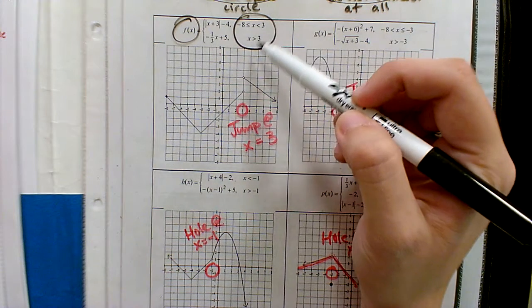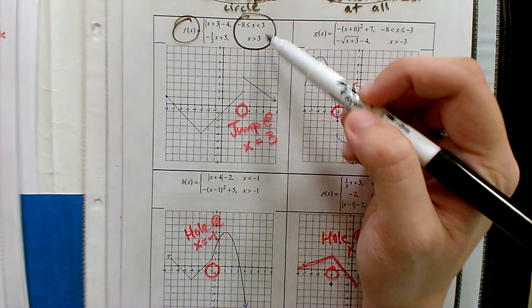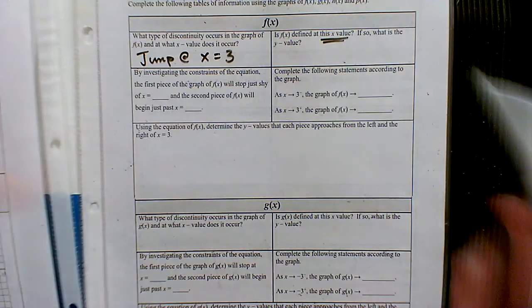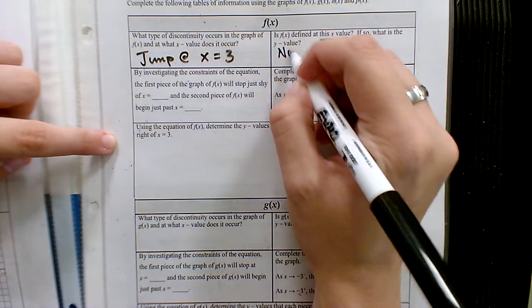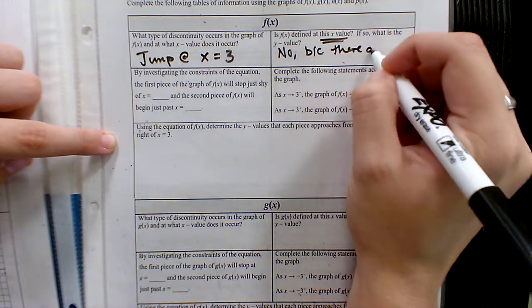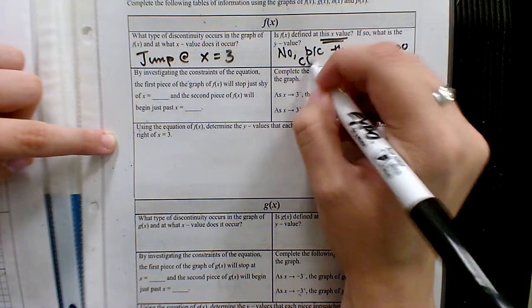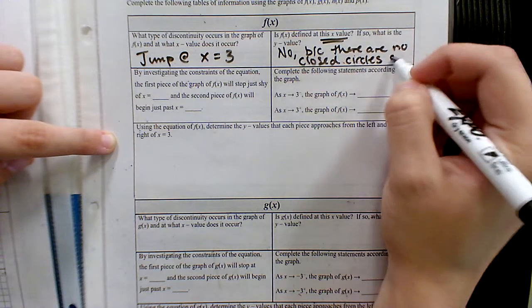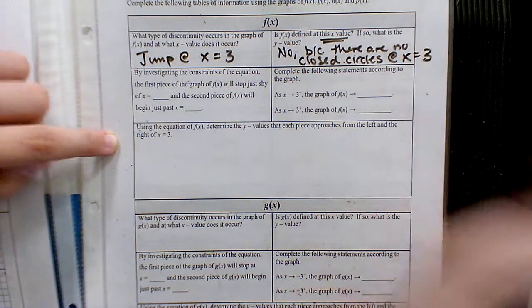There's no equal bar under those 3 values, right? So in either case, we have no closed circle at 3. So is it defined? No, because there are no closed circles at the x value of 3.